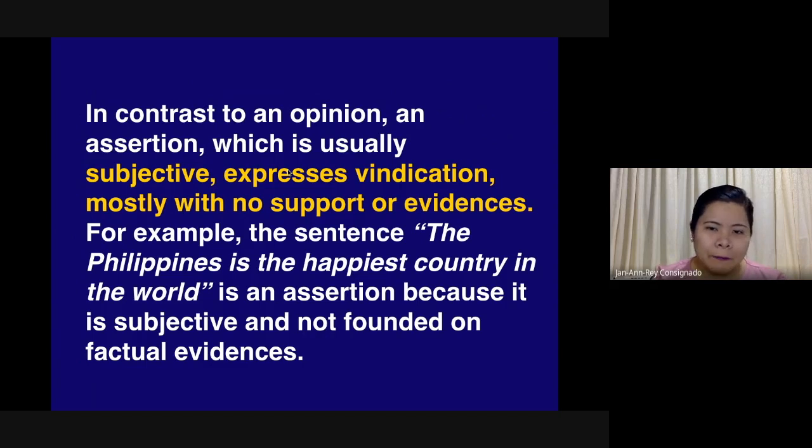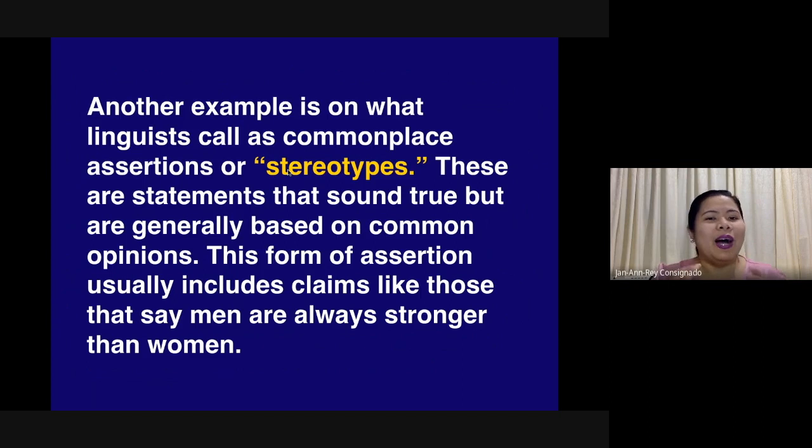For example, the sentence, "The Philippines is the happiest country in the world," is an assertion because it is subjective and not founded on factual evidences. Another example is what linguists call commonplace assertions or stereotypes. What do you mean by this?